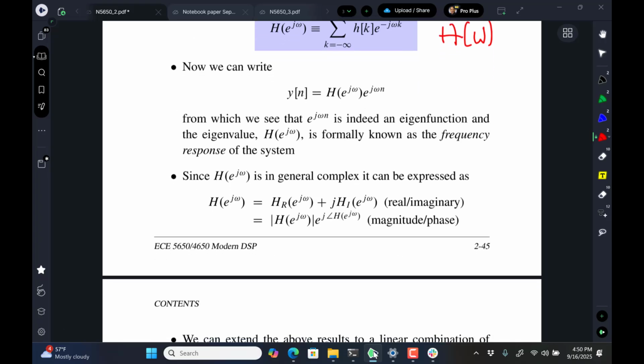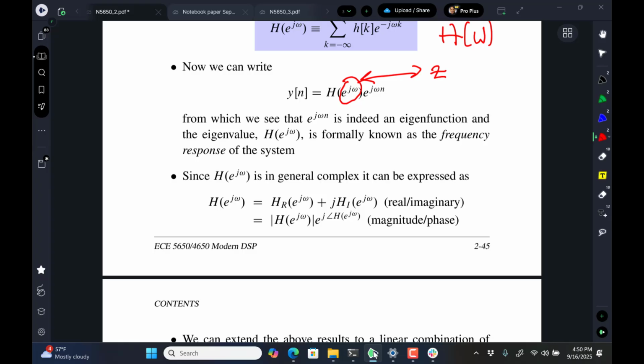And then the other thing convenient about this when we come up to the next chapter, we're going to have this complex variable z from the Z-transform, and when we set z equal to e to the j omega, we're able to get the frequency response.